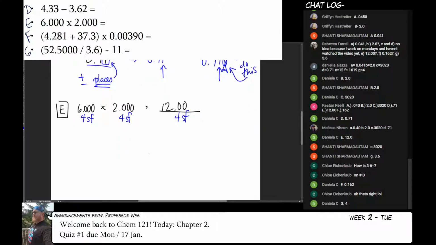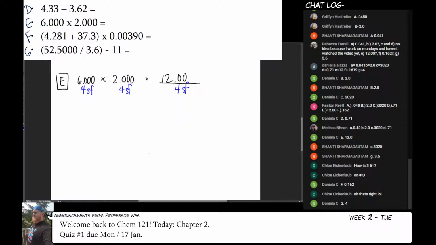All right. F and G are mixed problems, so we have to apply both sets of rules. So for problem F, we're going to do the addition first. So let's set that up vertically.